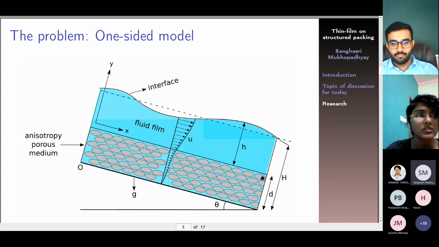So the void fraction, the ratio between the vacuum and the solid part of the matrix, is constant everywhere in the porous medium. But the permeability changes. That means the orientation of the voids changes from one side to another. So this is basically the diagrammatic picture of the problem.